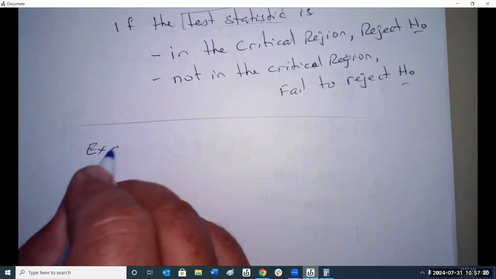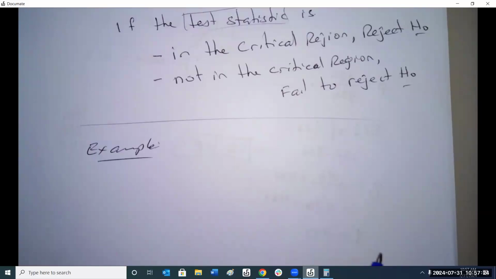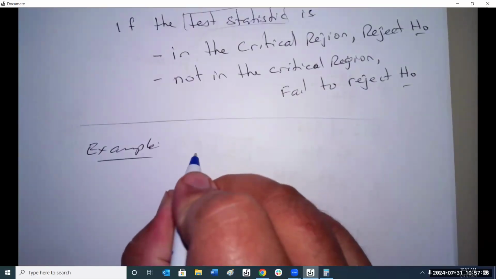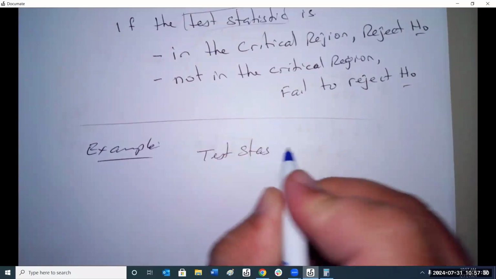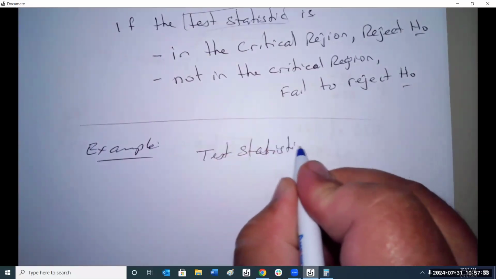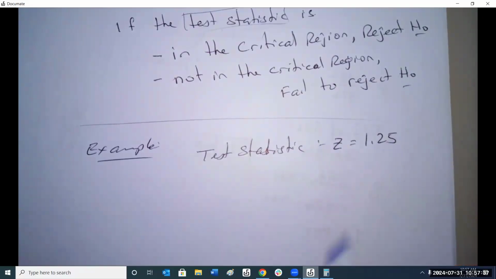So here's an example. Our test statistic gives us a value of Z equals 1.25.